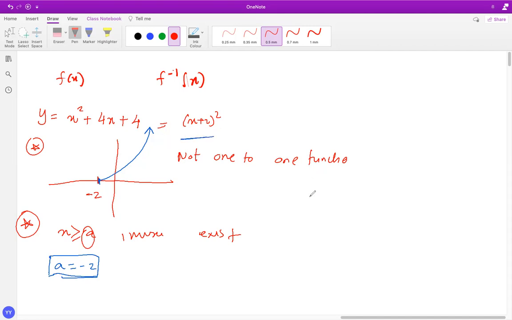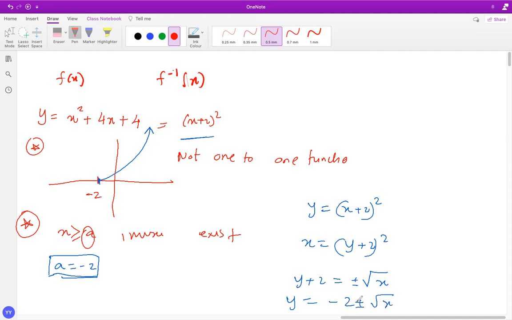Now we have to find the inverse of this function. How do you find the inverse? You have (x plus 2) the whole squared, and you interchange x with y. So (y plus 2) the whole squared equals x. So y plus 2 will be equal to plus or minus root x because it's a square function. So y is -2 plus or minus root x. Now out of this plus or minus, which one do I choose?